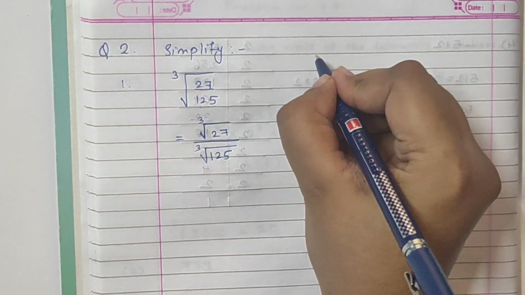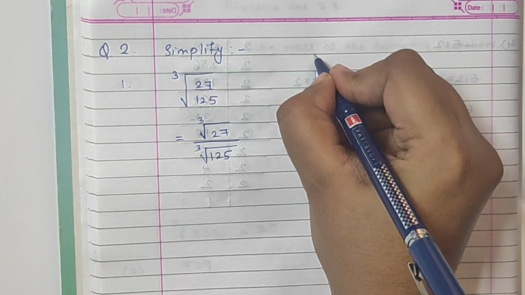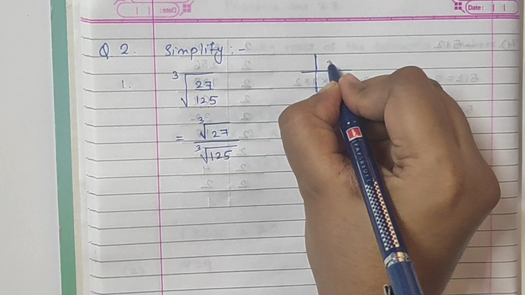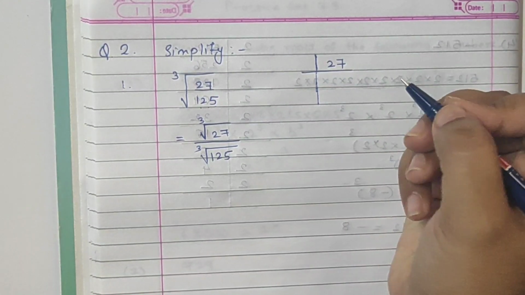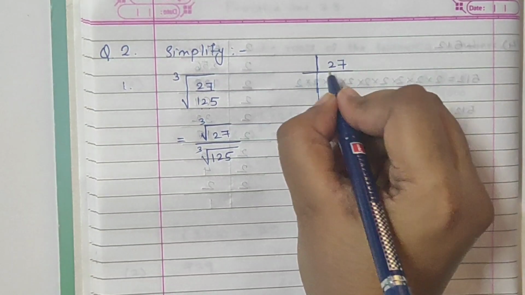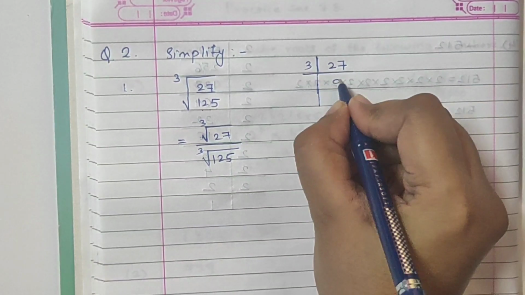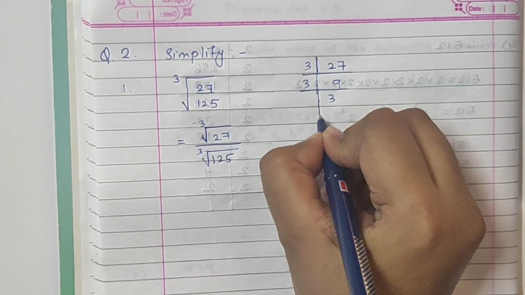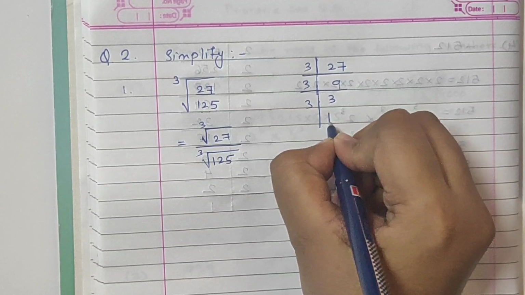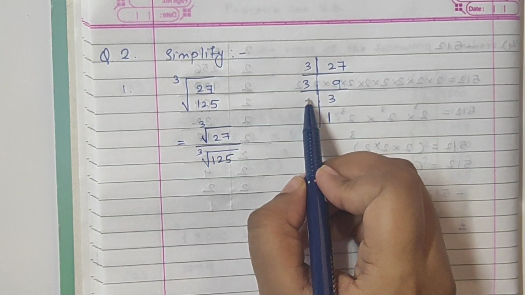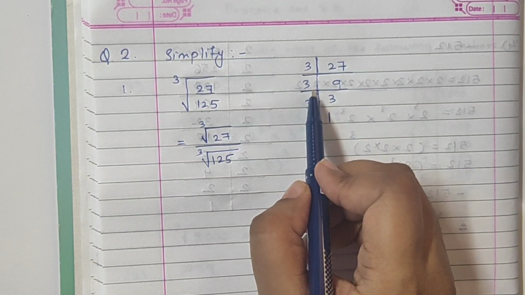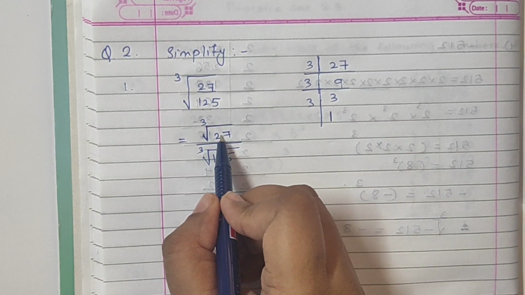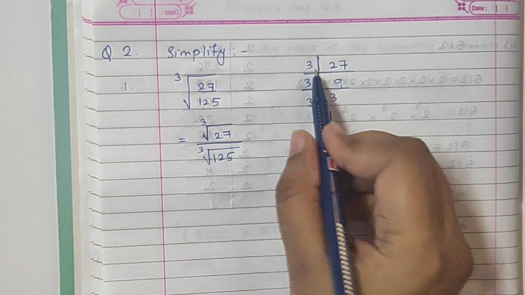Now you will separately take the root of each. You will take factors of 27, which are 3 9s are 27, 3 3s are 9, and 3 1s are 3. 1 2 3, 3 into 3 is 3 times 3 is there. So 27 is the cube of 3.